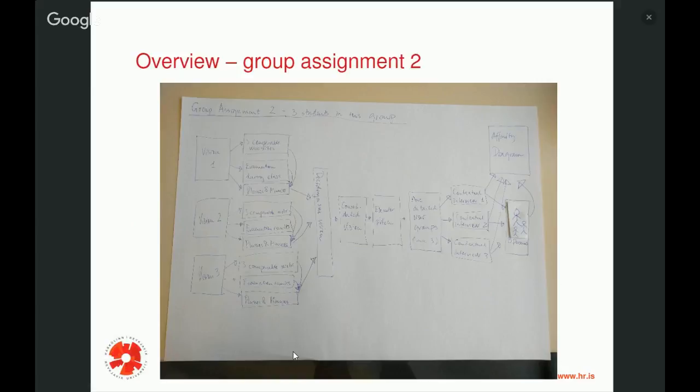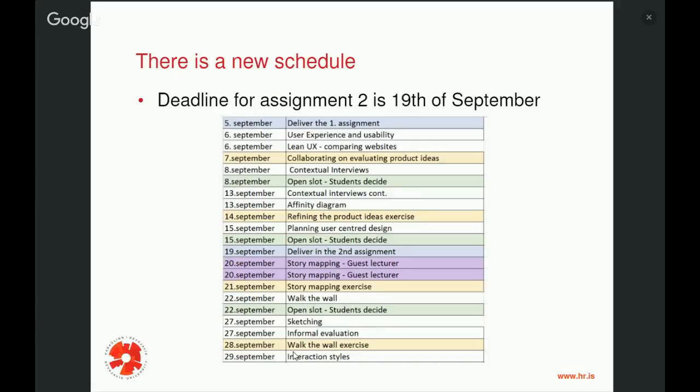So she will come, and Birna Iris, who is working at Landsbankinn as a project manager, will lecture on how to do story mapping. Yeah. So the group assignment, you will have to deliver it on the 19th of September.